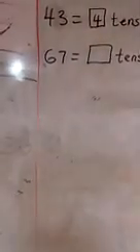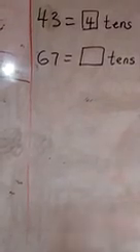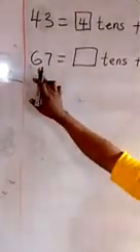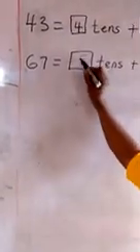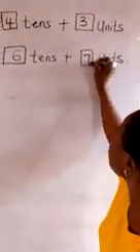Okay, you have your 67. Now tell me, which one are we going to put in our tens? Very good. We are putting our 6 first, which is our tens. And what else again? You put your 7, which is your units.